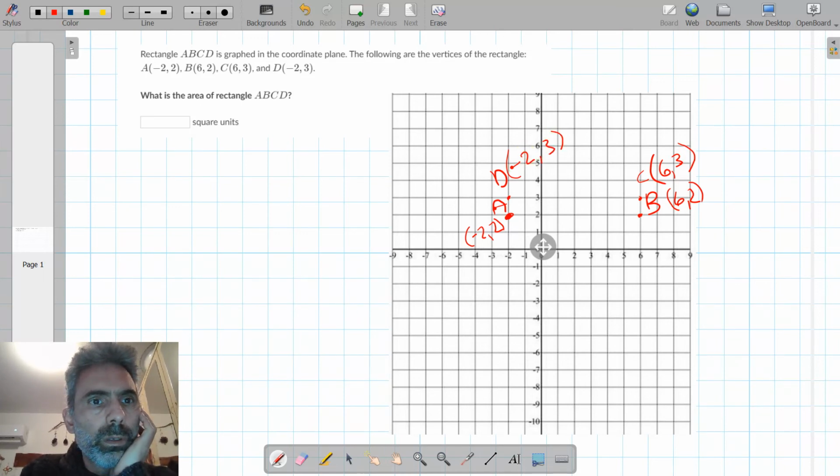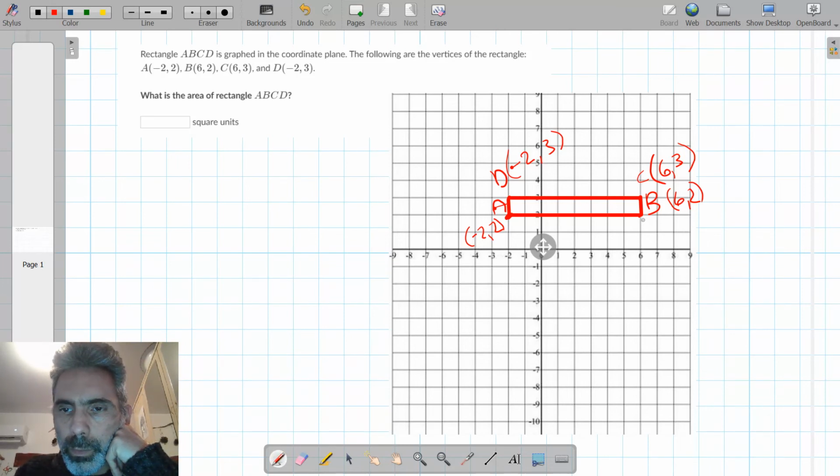Okay. What is the area of the rectangle? Okay, so let me draw the lines of this rectangle, so it will be easier to see. So the distance from the bottom right corner to the 0 is 6, and from 0 to -2 is another 2, so in total we have a base with a length of 8.